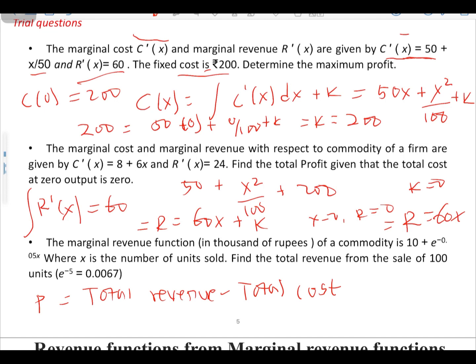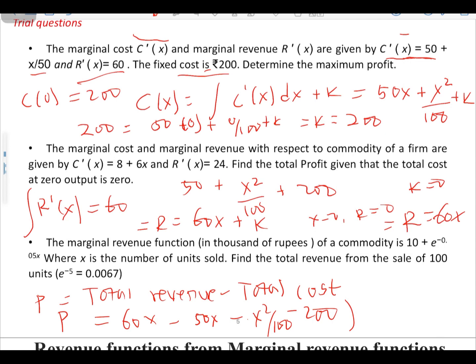So based on that, my total revenue is what? 60x minus my total cost, which was 50x plus x squared over 100 plus 200, and minus everything, right? So now this is my profit function.